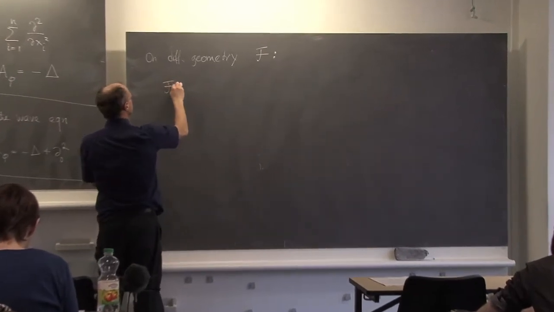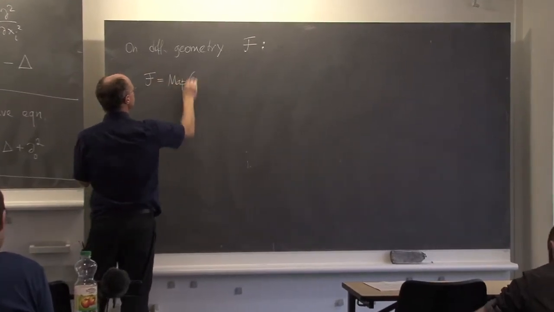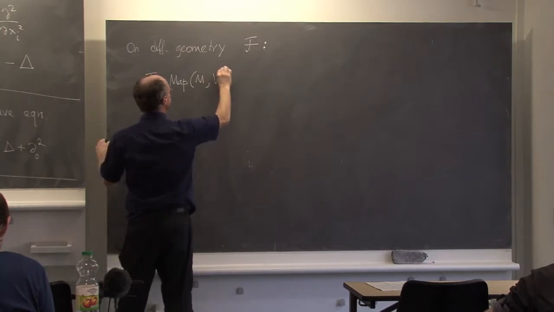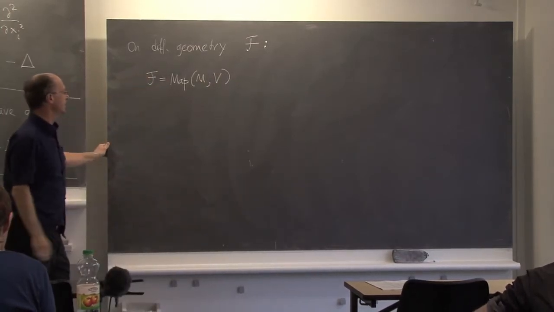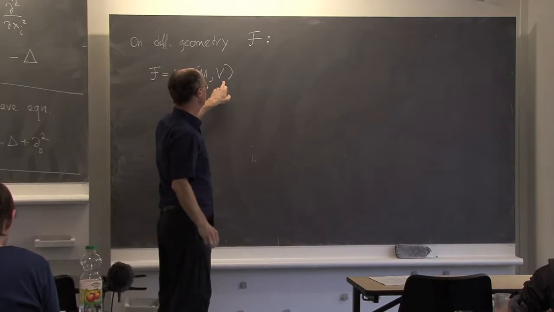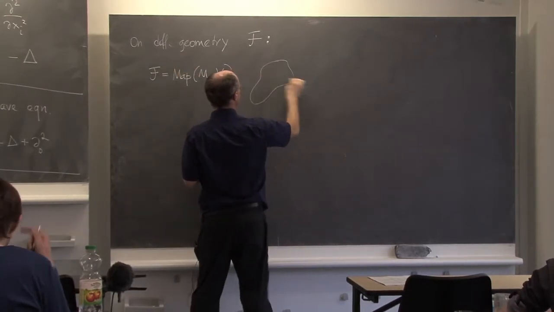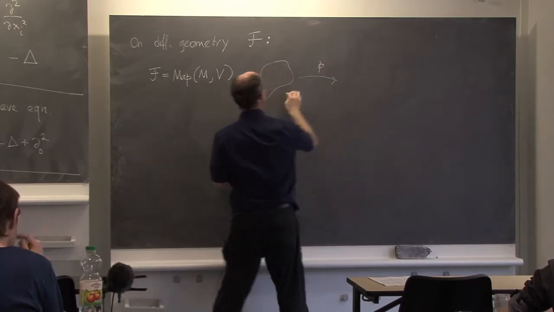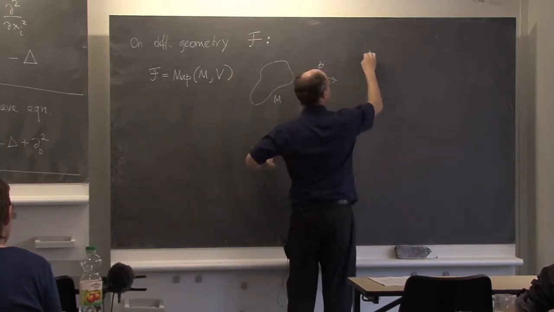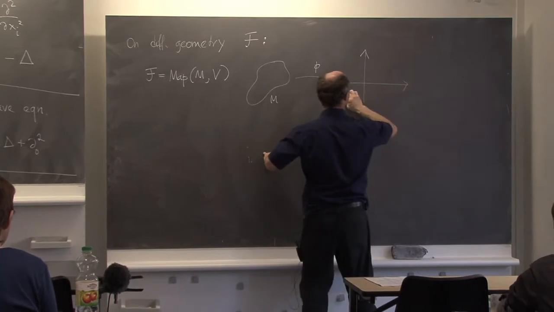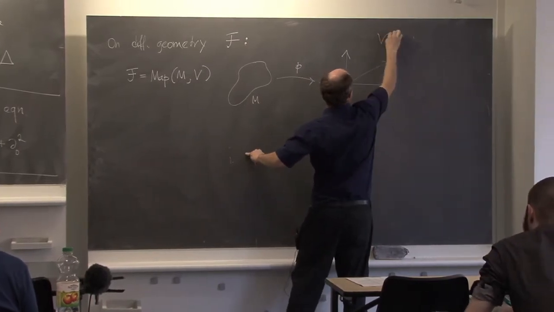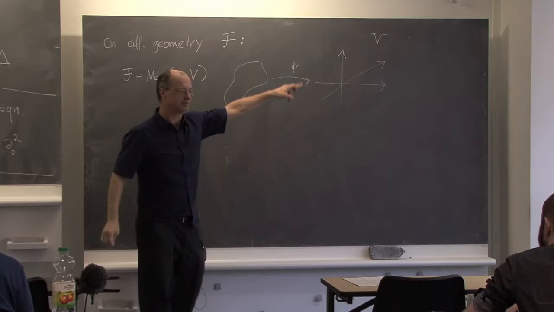So F, recall, is the space of maps from M to V. So let's first assume that V is a vector space. Then such a map phi is a map from a manifold to a vector space.